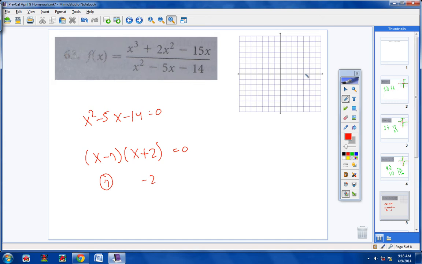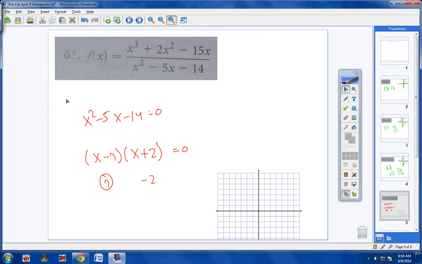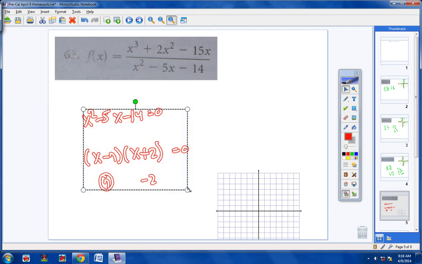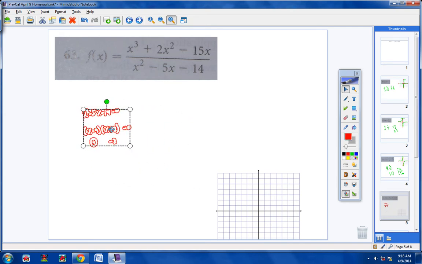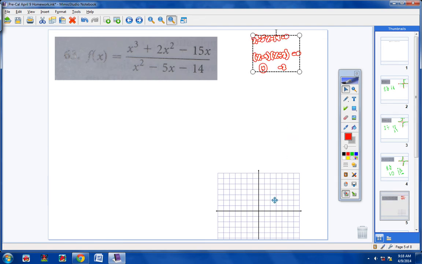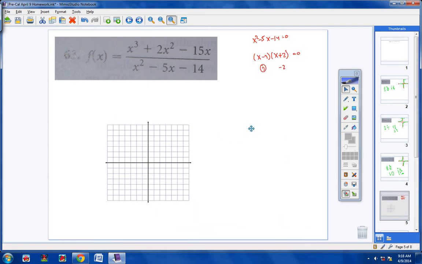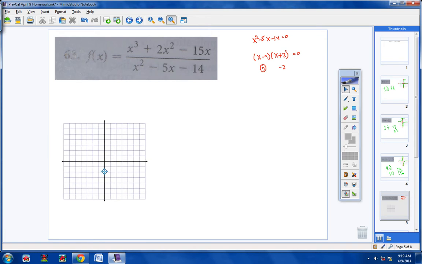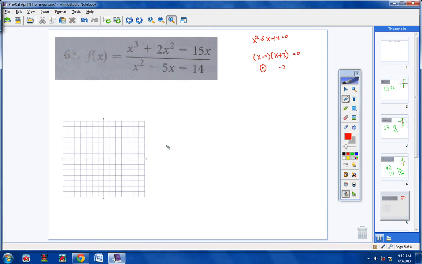1, 2, 3, 4, 5, 6, 7. We're going to run out of room, I believe. So because that's going to happen, let's go ahead and slide this down, and let's do our work up here. And here we go.